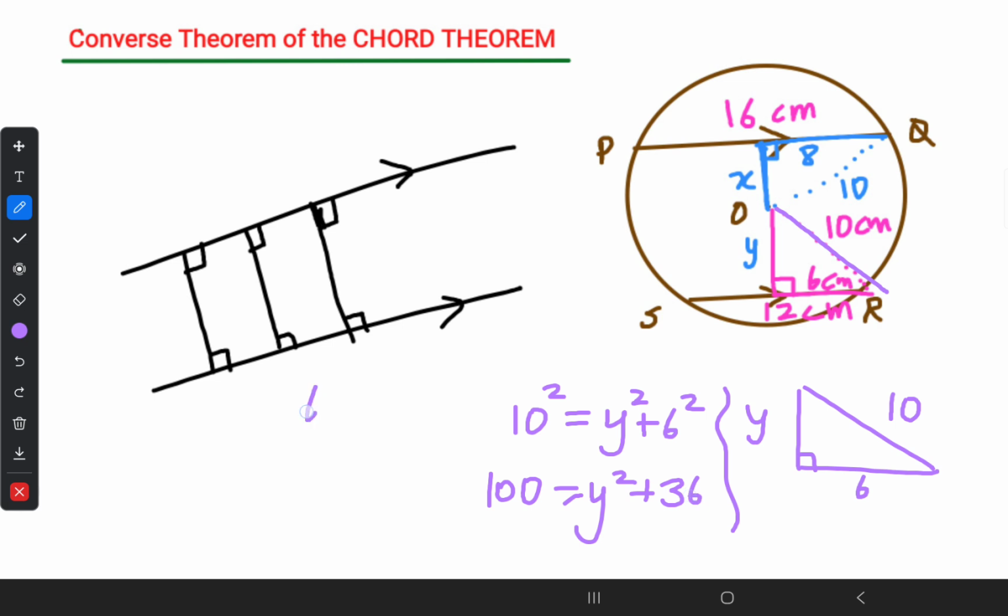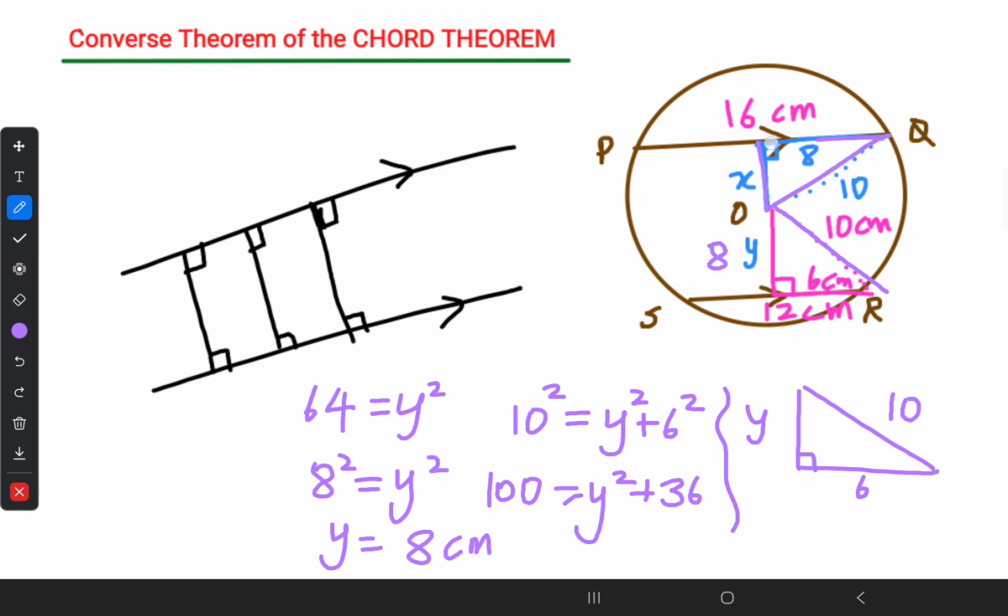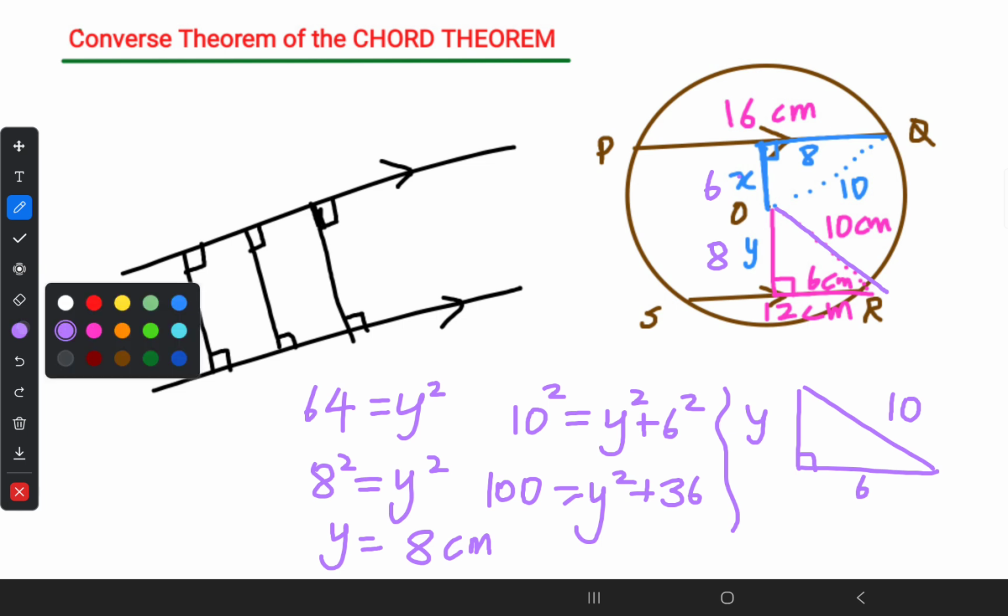So that will become 64 equals y square. 64 is 8 square, so 8 square equals y square. From that we can find the answer for y as 8 centimeters. Likewise, when you use the Pythagorean relationship here, you can find x as 6 centimeters.